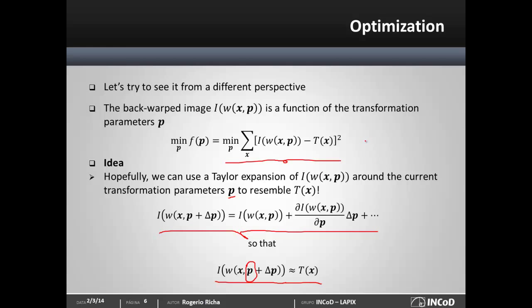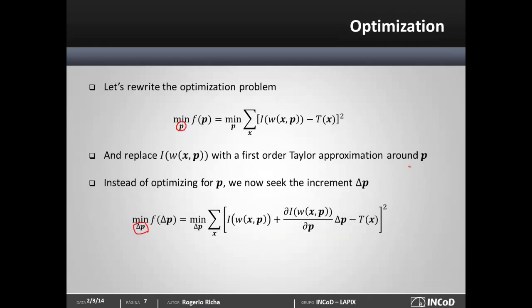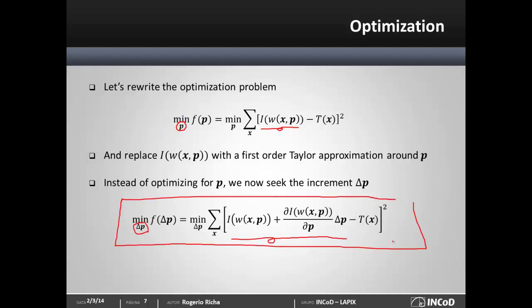Instead of looking for the transformation parameters themselves, I'm going to assume that at a given time t, my transformation parameters p resemble my reference image close enough so that I can look for the increment delta p. All I need to do is replace the back-warped image in the sum of square differences, and that's my new problem. This then becomes the problem that I need to solve.